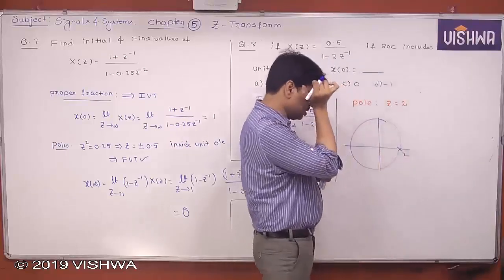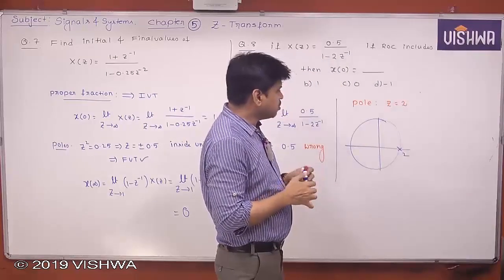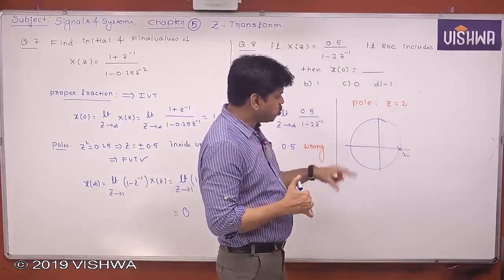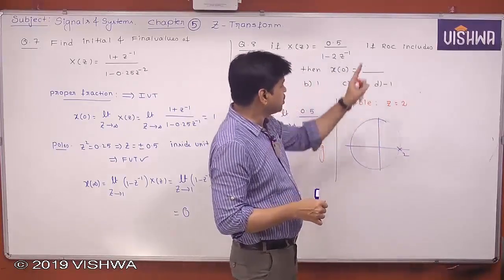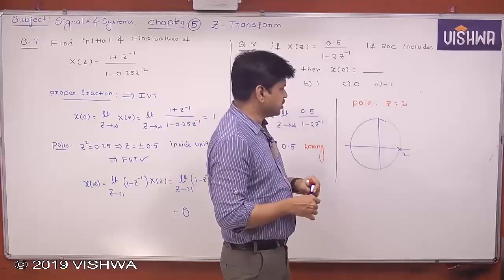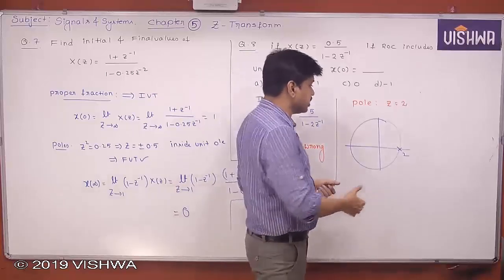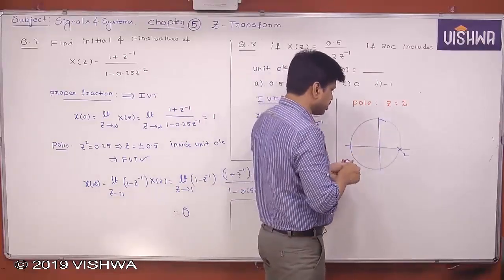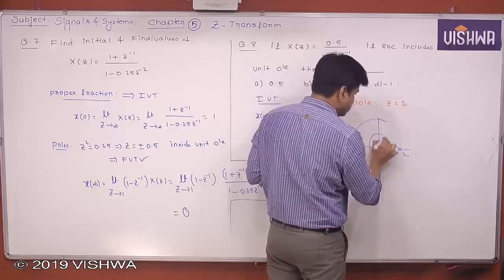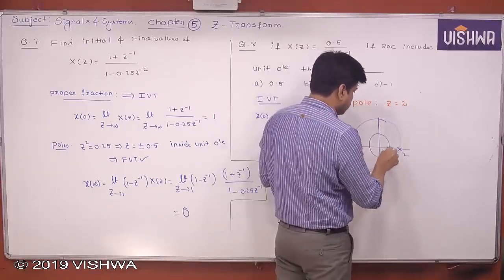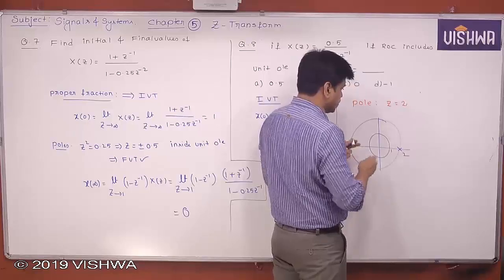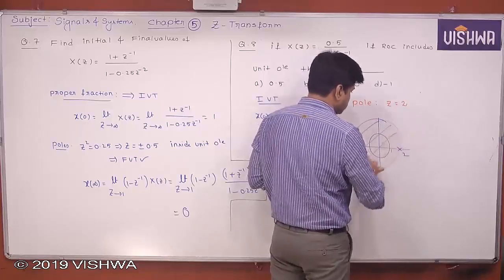For this circle we have two possible ROCs, maybe the inside ROC, maybe the outside ROC. But they have said the ROC includes the unit circle. Then which ROC do we take? That is the inside ROC. Why? It should include the unit circle. So to include the unit circle, the ROC must be inside the circle. This is the ROC we have to consider.